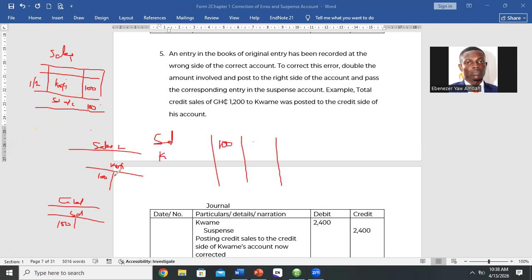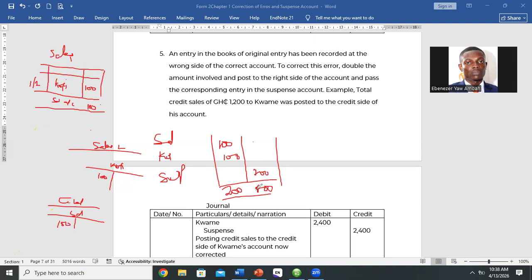What balance do you have in Kofi's account? Another debit of 100. So when you do the totals, you have a debit of 200 against a credit of 0. But there's nothing here. So to make it balance, you introduce your suspense, right? And this suspense will go to the credit side. How much? 200, to make your trial balance agree.